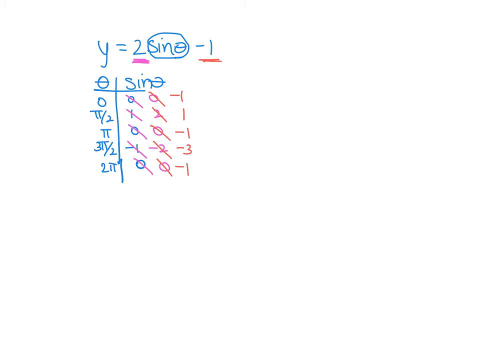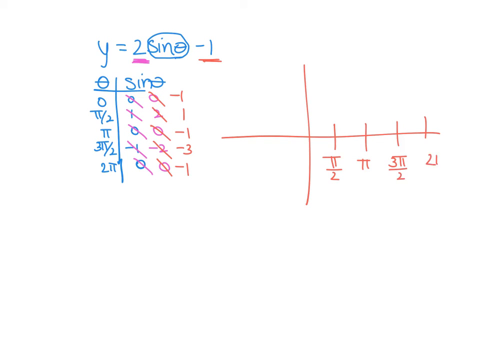And so what we should find when we go to graph this, we still haven't changed our input, right? Our thetas. All we've changed is our amplitude and our midline. So notice your highest output is at 1, your lowest is at negative 3, okay?